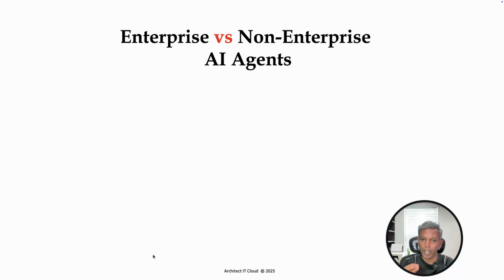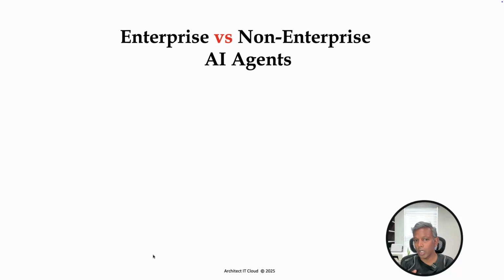Normally, when it comes to enterprise, there are certain norms and procedures that need to be followed, because when you adopt an AI agent for your enterprise, you must be very careful in choosing the right agent, choosing the right LLM, choosing the task list, and also implementing this AI agent in a secured way so that you can adopt it confidently and use it for your business use cases.